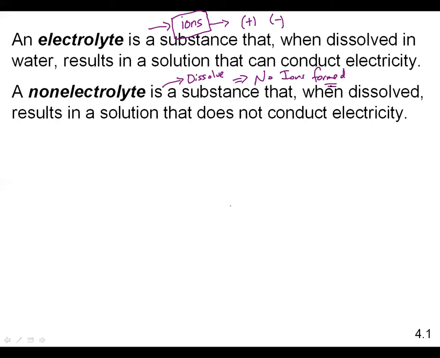Sometimes this is demonstrated in an experiment where you take electrodes hooked up to a light bulb, and you put the electrodes in different solutions. You can tell the type of solution it is by how brightly the light bulb goes off.